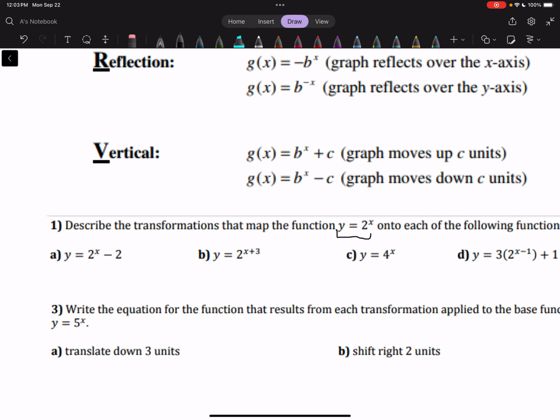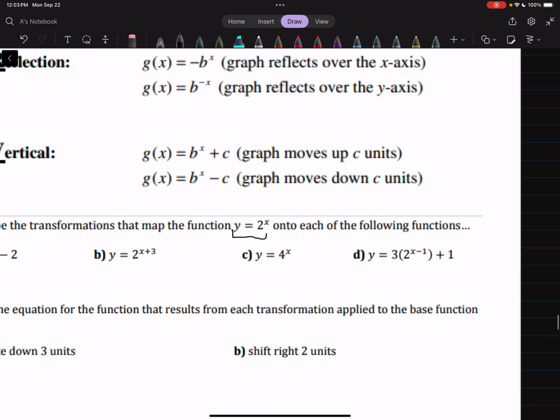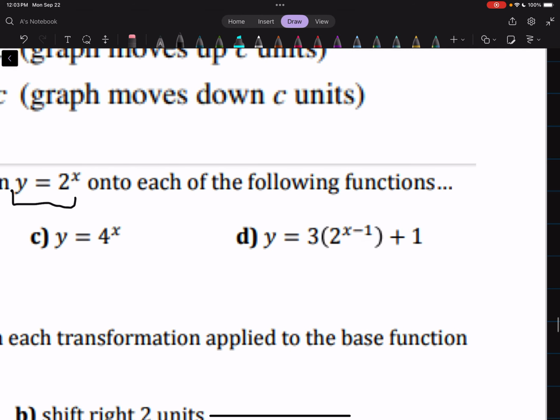So let's do part D and C. I'm going to start at D. The 3 on the outside is a vertical stretch. We'll just put V, vertical stretch, by 3.